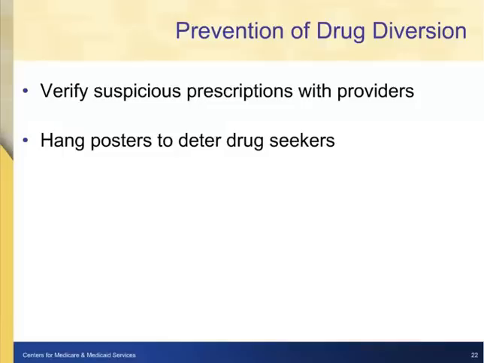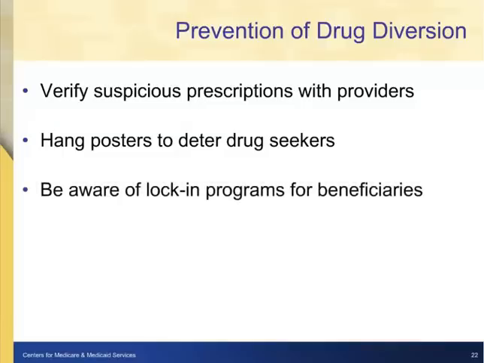Your SMA may have developed a lock-in program to help prevent diversion of prescription drugs by Medicaid patients. If a beneficiary is abusing prescription drugs and meets the program's criteria, the SMA may require the beneficiary to obtain his or her medications from a designated provider and pharmacy. This is intended to prevent the beneficiary from engaging in doctor shopping.